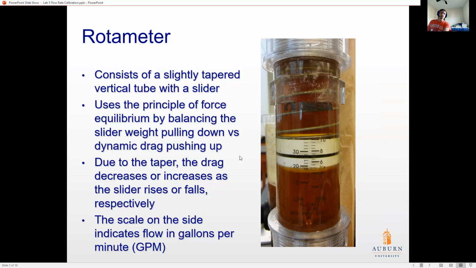So this is a picture of the rotometer reading 7 gallons per minute. So yeah, completely analog. You look at it and see what flow it is measuring, and it's this drag force versus its weight and the force from that spring that is balancing out. So you're balancing drag with weight and that spring force to get a reading.